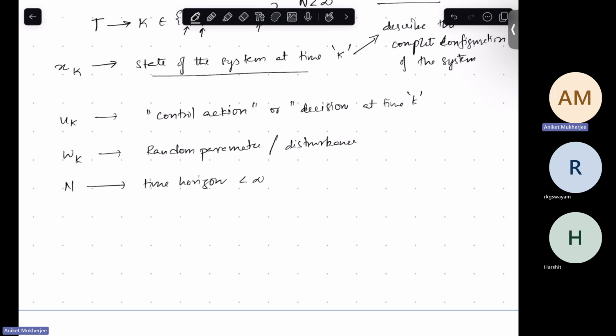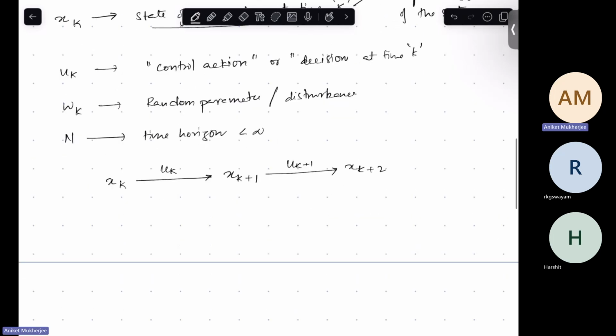When we take an action uk at time k, the state evolves from xk to xk plus 1. So you have xk, and then you take an action uk, and then your state evolves to xk plus 1. Then you observe xk plus 1, and you take action uk plus 1, it evolves to xk plus 2. In the middle, once you know xk, you take uk, and then there is some noise wk which goes into the system, and depending on xk, uk, and wk, you get your xk plus 1.